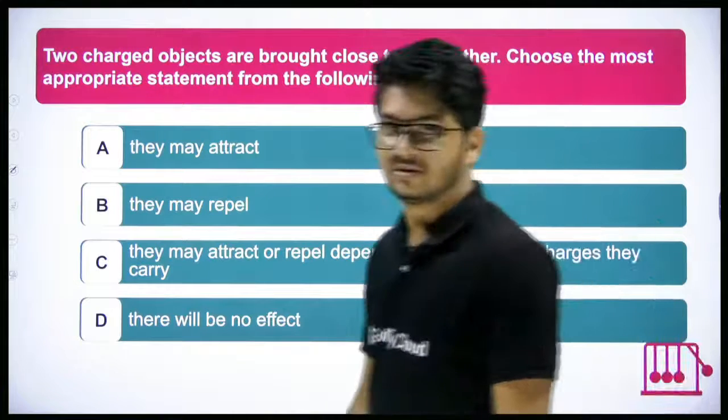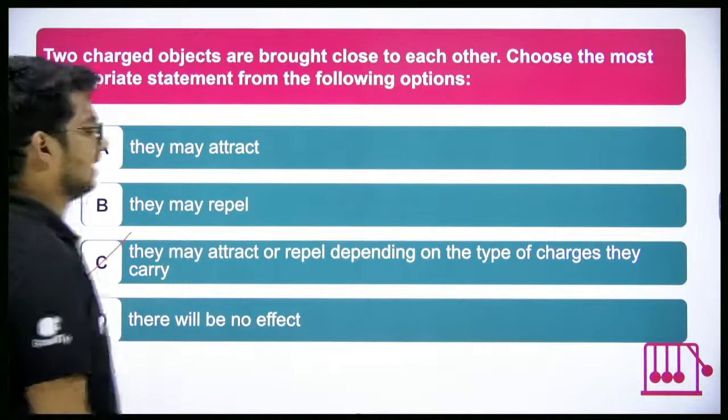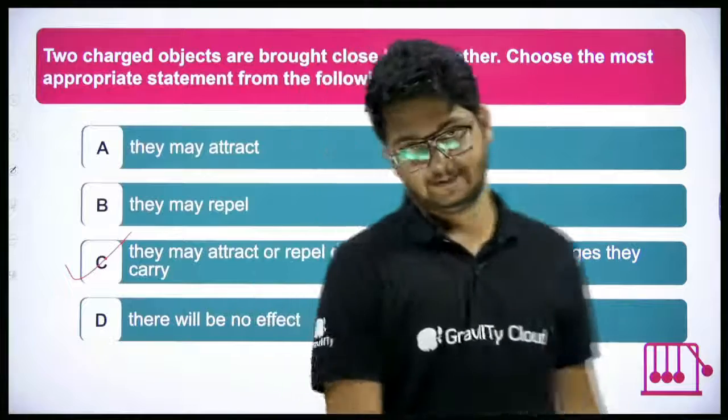So four options. Which is the best option? Everyone, I'll give you 15 seconds. Solve it. Read the options carefully. Five seconds more. And the time is up, and the correct answer is option C.